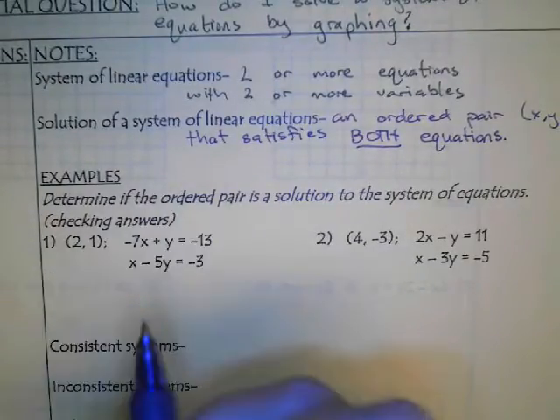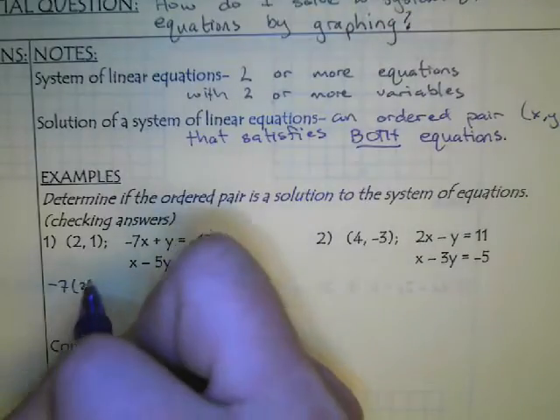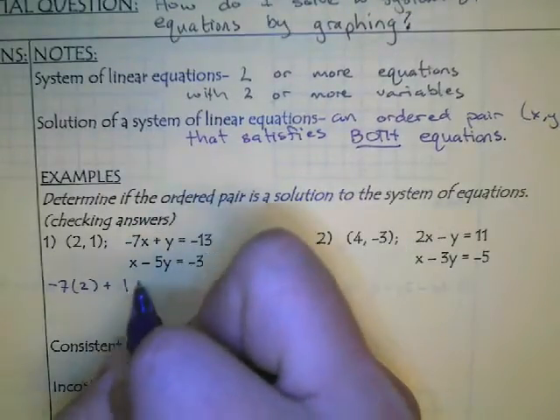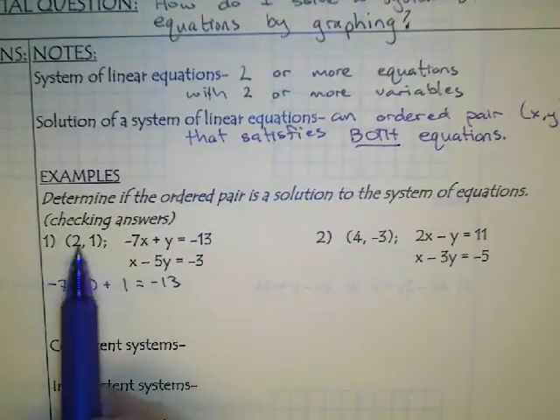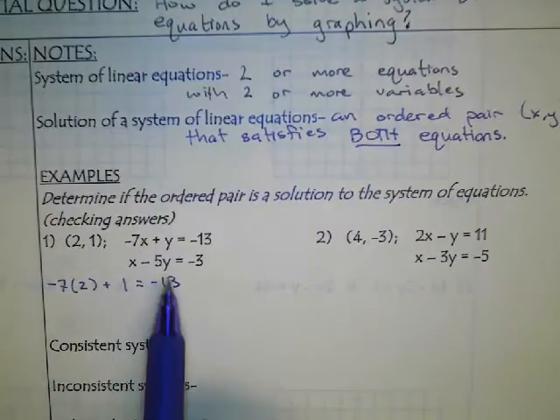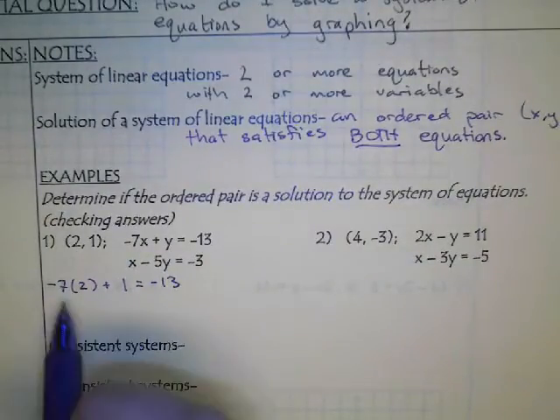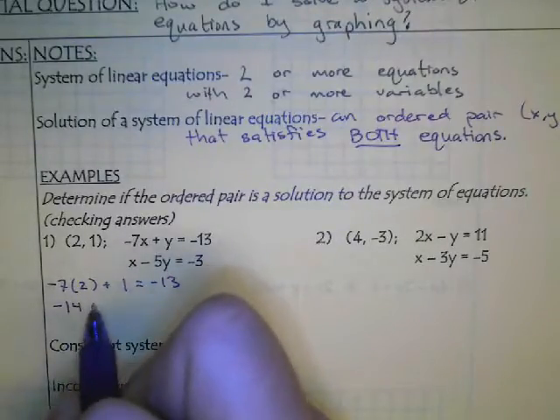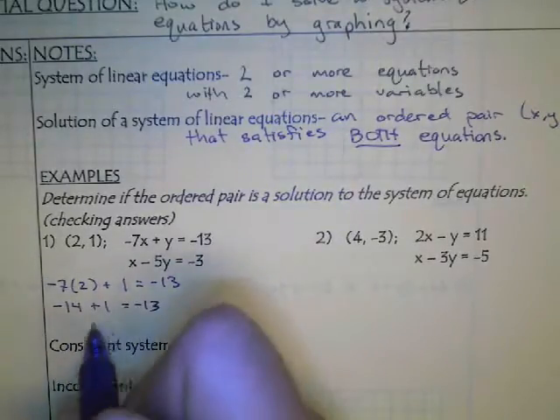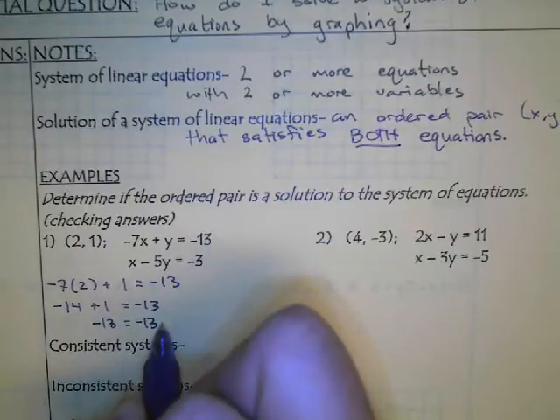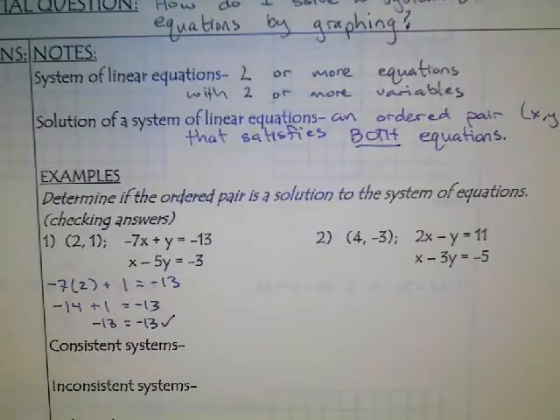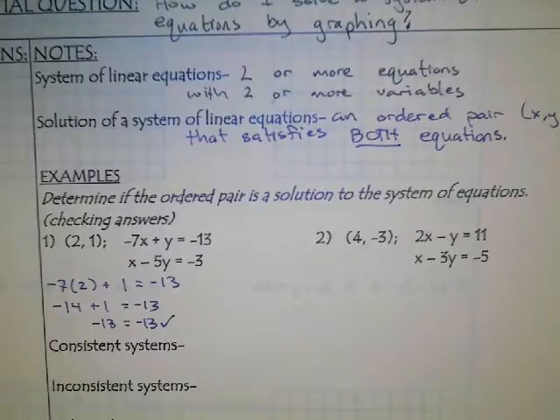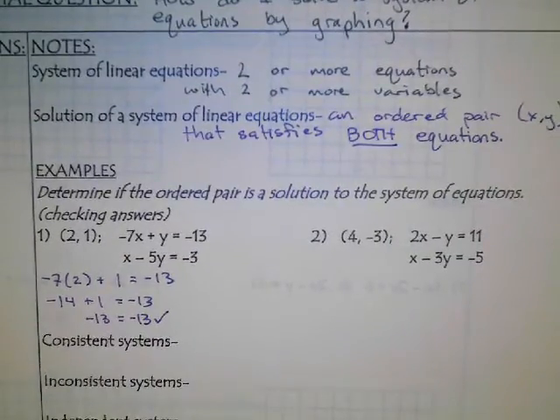We'll plug in 2 for x and 1 for y, so we'll have negative 7 times 2 plus 1 equals negative 13. Then I'll solve and I get negative 14 plus 1 equals negative 13. Negative 13 equals negative 13. That's true. So one of them is true. So far we're halfway there. But we need both of them to be true for this to be considered a solution to the system.